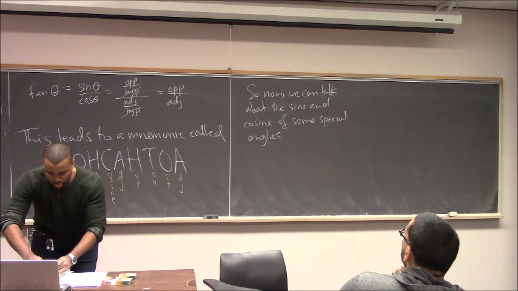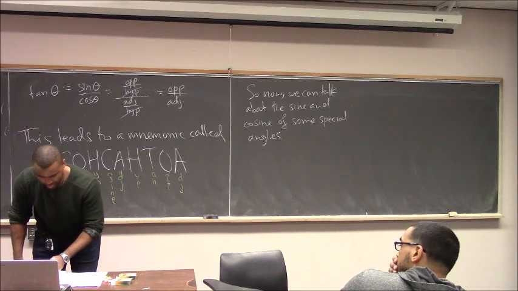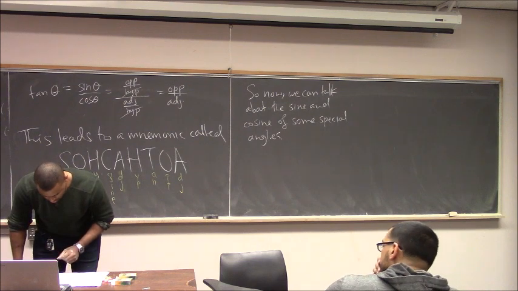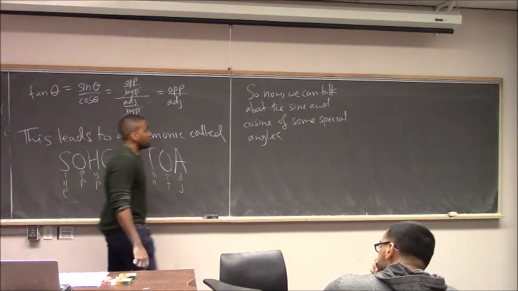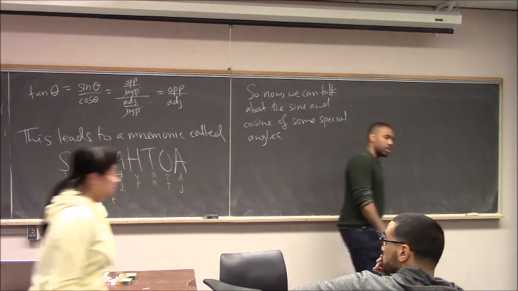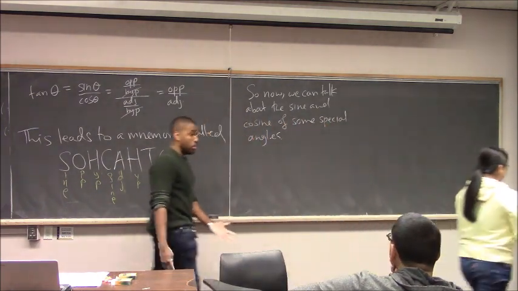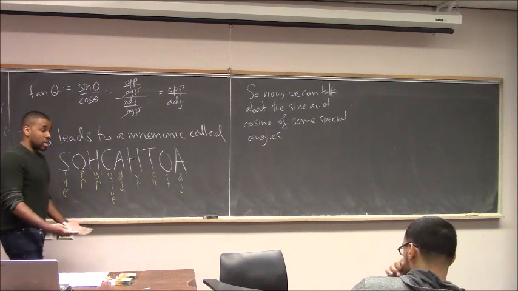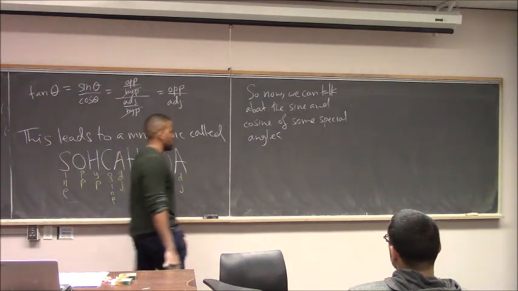I want the story to flow. So what we're going to do now is create some right triangles where we have all the information about those right triangles. And so now we're going to get all the information we need to know about sine and cosine.